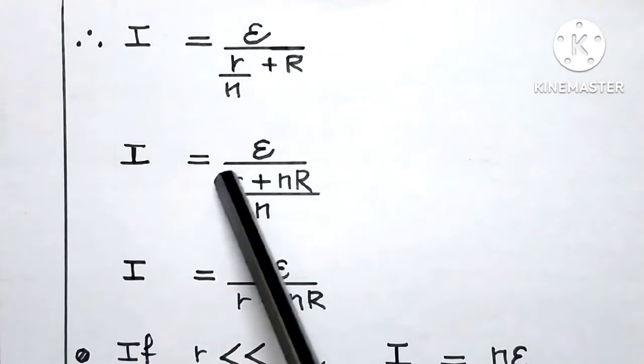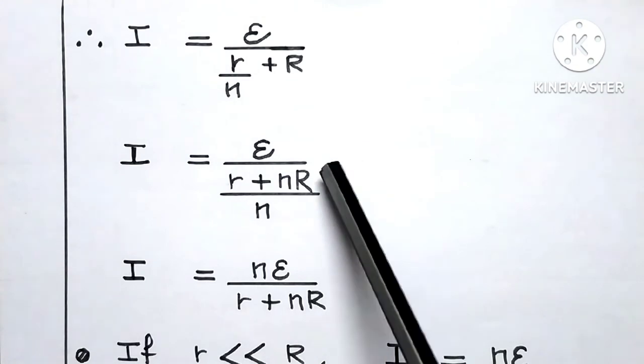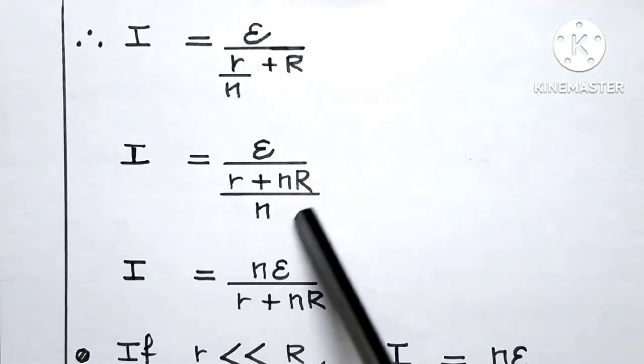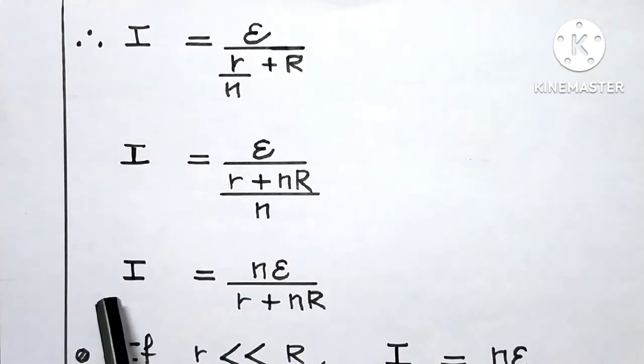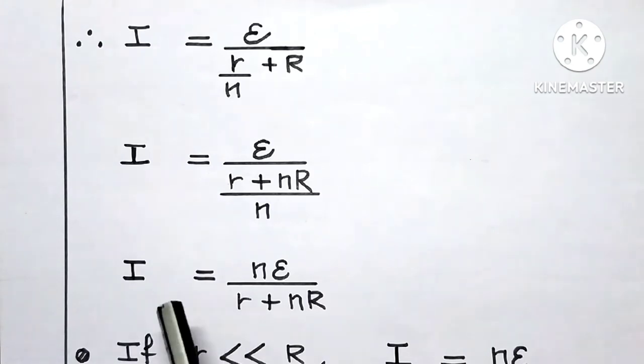If this term goes this side, it gets multiplied by the reciprocal of this term, so we get n epsilon by r plus nR. So this is the final expression for current I.